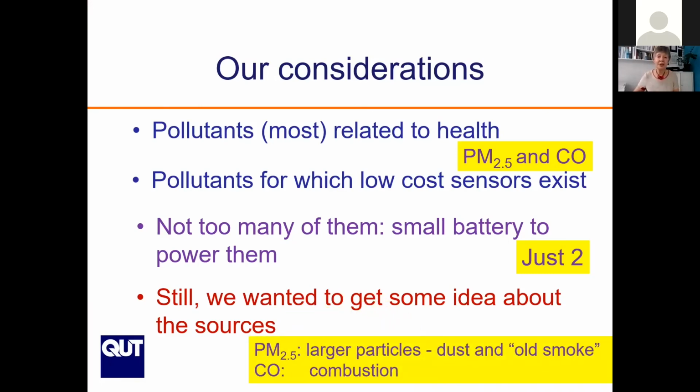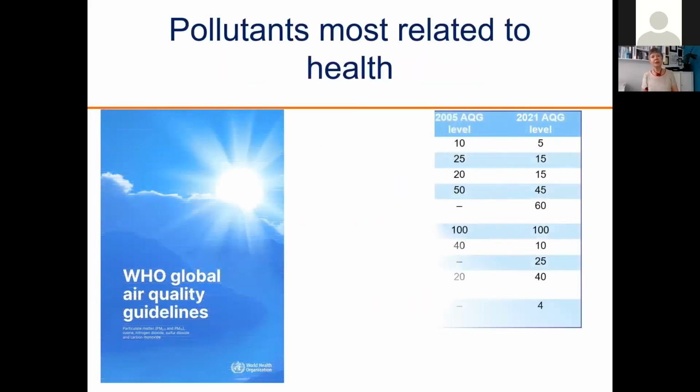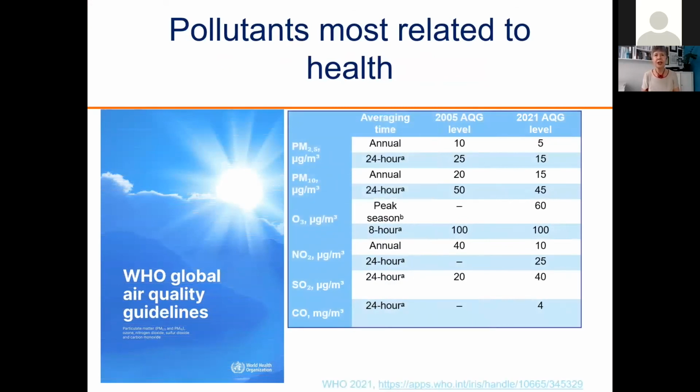So having these two, PM2.5, which means mass concentration, which is mainly telling us about larger particles like dust, and old smoke, which is combustion particles but which already got bigger and heavier, and CO, which is coming only from combustion, enables us to distinguish between different types of sources.